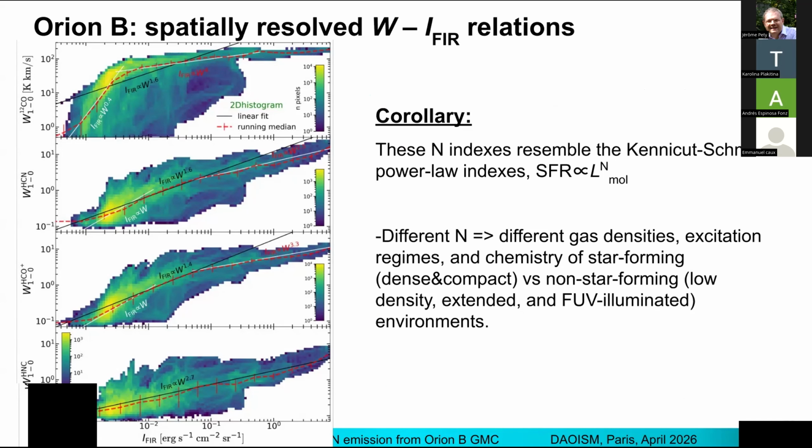What we take from here is that actually different gas densities, excitation regimes, and the chemistry start forming regions.